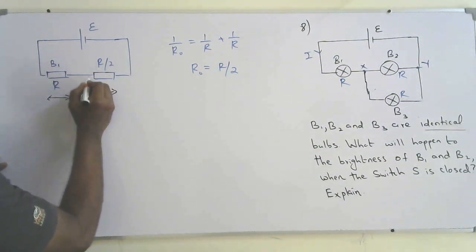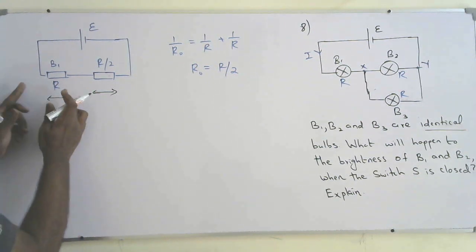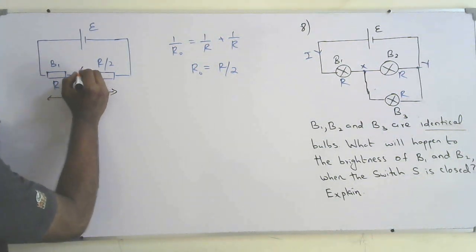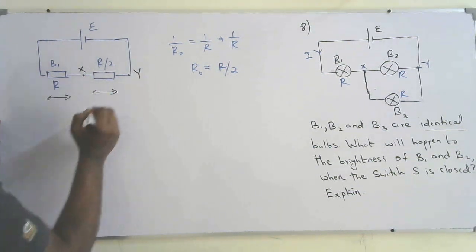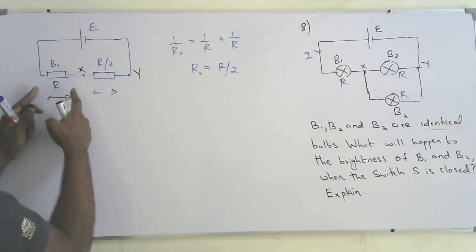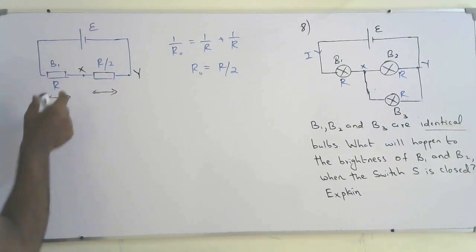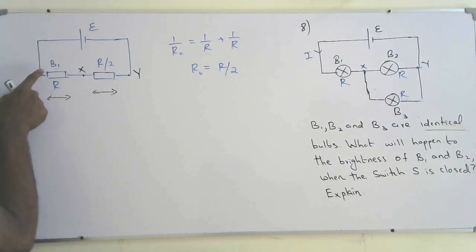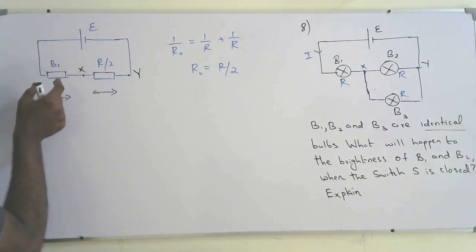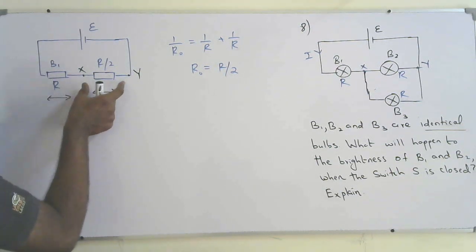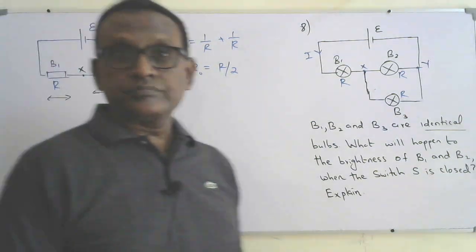The voltage across B1 is increasing, so the voltage across the junction XY must drop, because this voltage plus this voltage is the same as earlier.